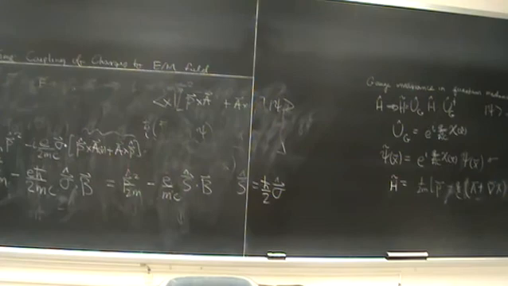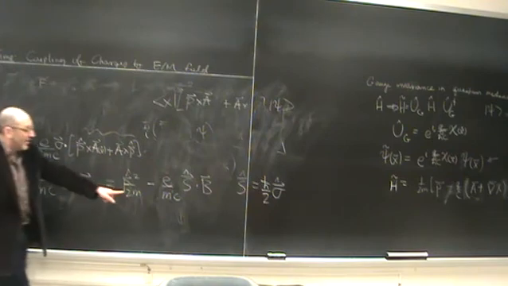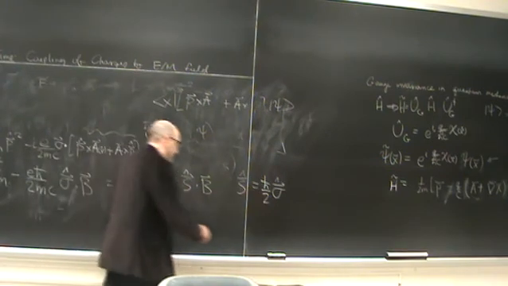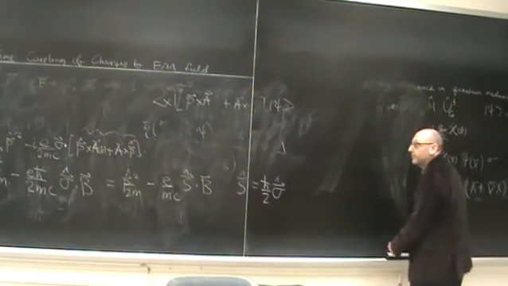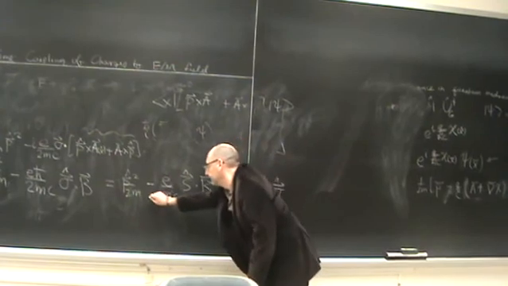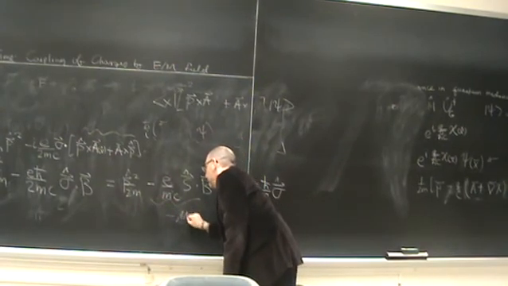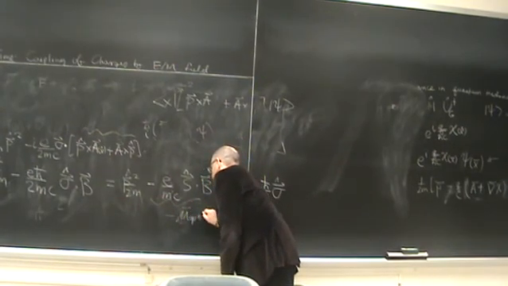So this is very important. This looks just like what we had for the orbital motion, where we have the interaction that looks like minus mu dot B. So we have a new interaction here, minus mu spin dot B.